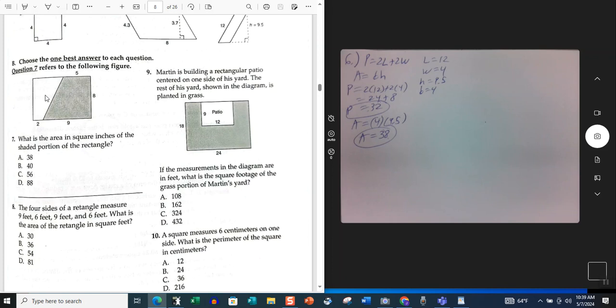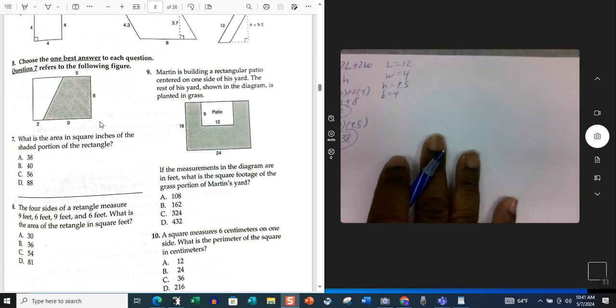So the shaded portion is actually, looks more like a trapezoid, but they say the shaded portion of the rectangle. So with that being said, even though it says rectangle, we're still going to treat this as a trapezoid because that's what this shaded portion is.